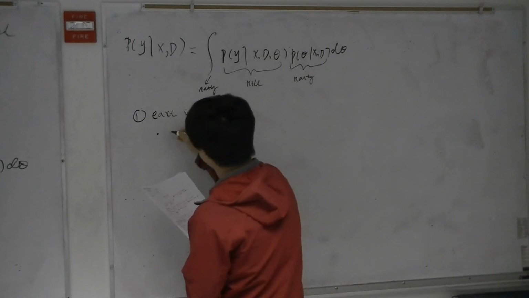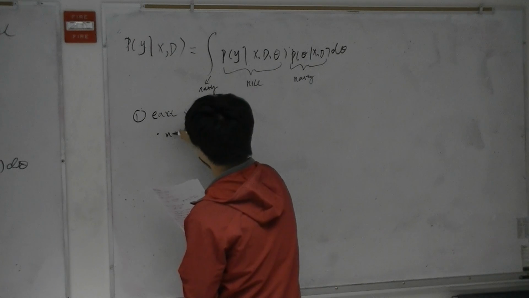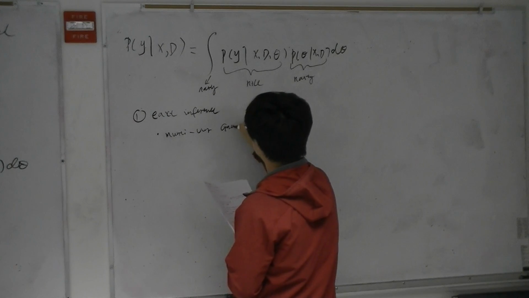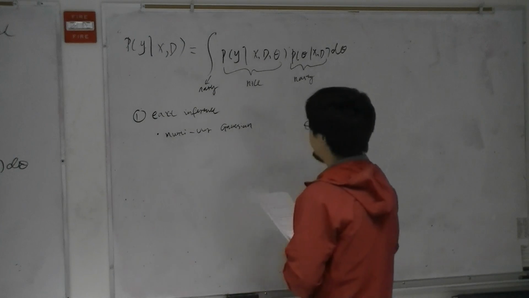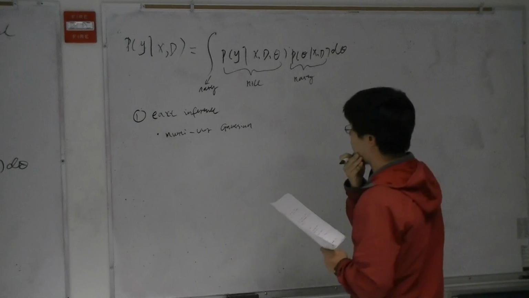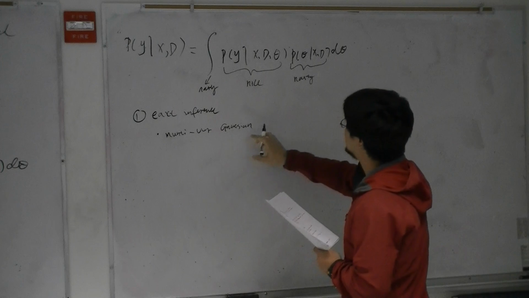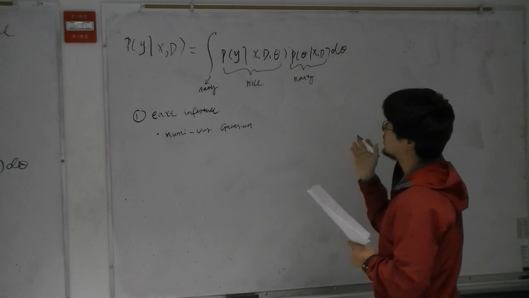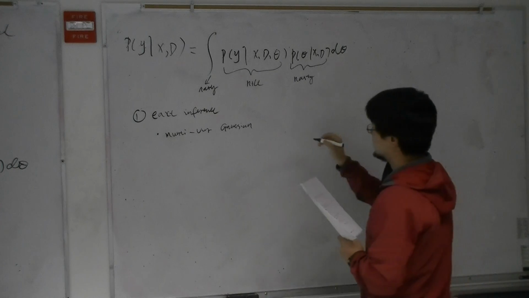So the first choice is you use multivariate Gaussian. Bayesian linear regression is one example of this. You use Gaussian for both terms, so after multiplication you still get back a Gaussian.